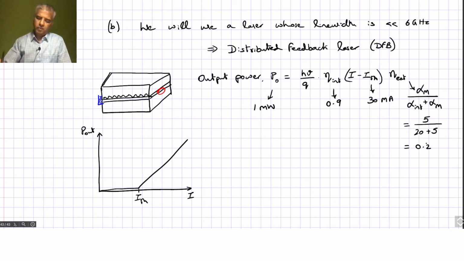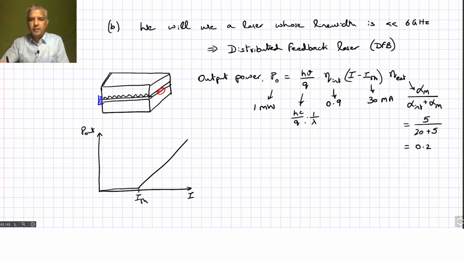Okay, so we have all these values, and we know what nu is. Nu corresponds to c over lambda, and lambda is 1100 nanometer for this application. Hc over q is a constant, so you can write this as Hc over q multiplied by 1 over lambda.